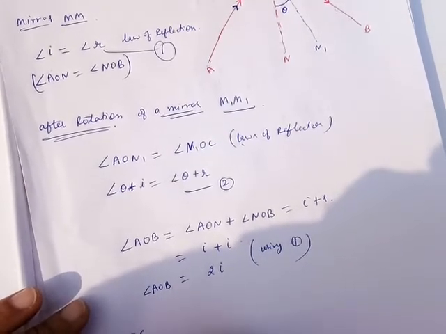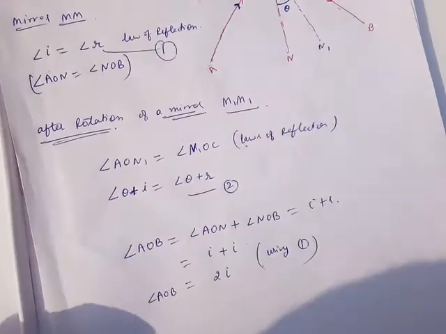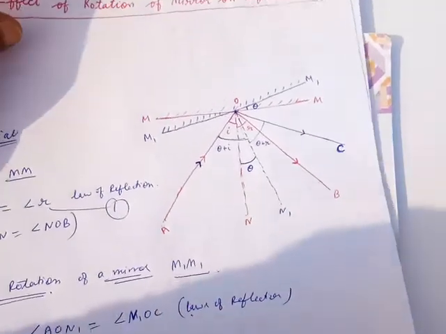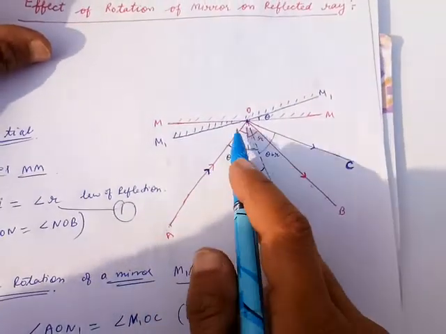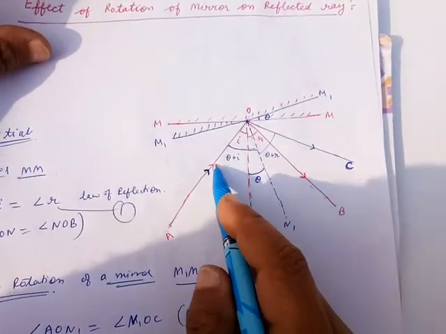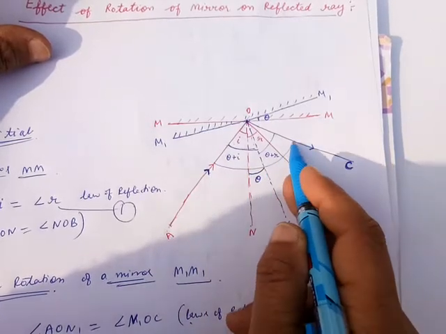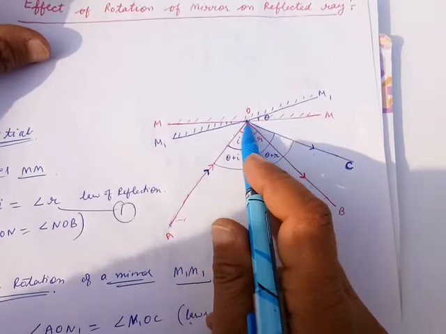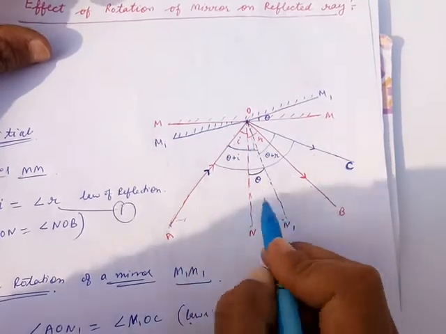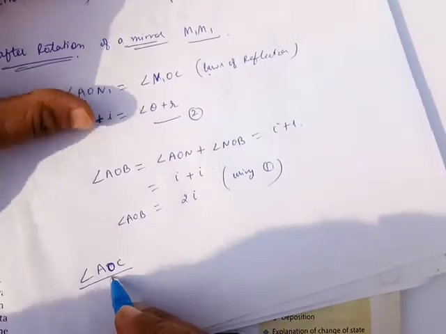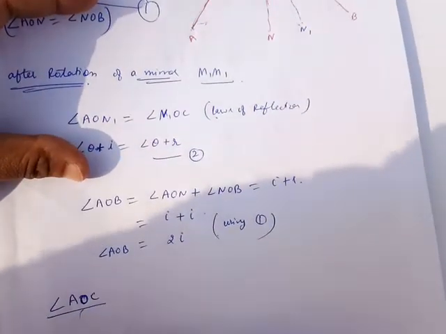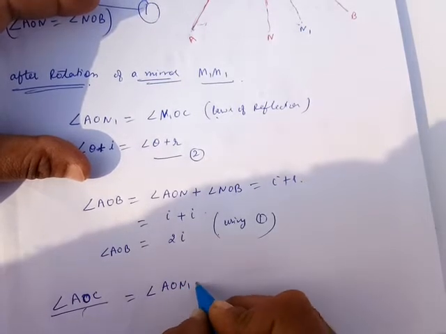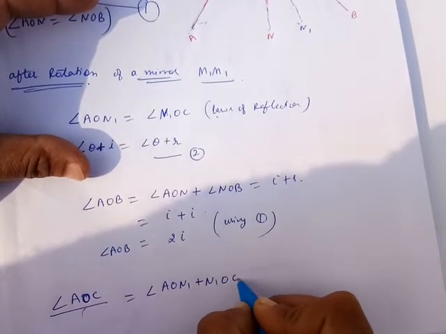Now the same way, angle AOC. What about that? Let's see. AOC means this one total angle AOC. Now AOC is the sum of AON1 and N1OC. It means angle AOC is equal to angle AON1 plus N1OC.